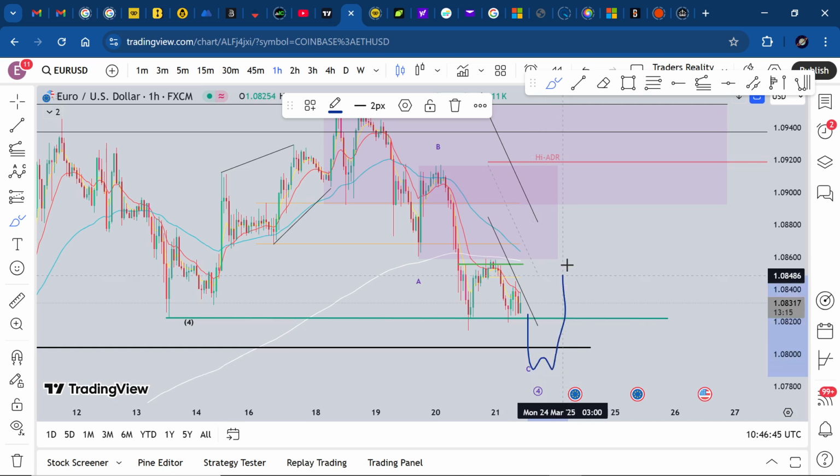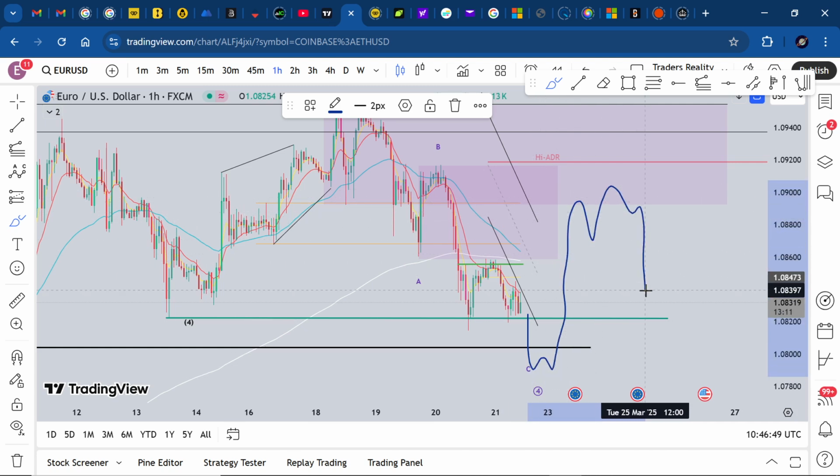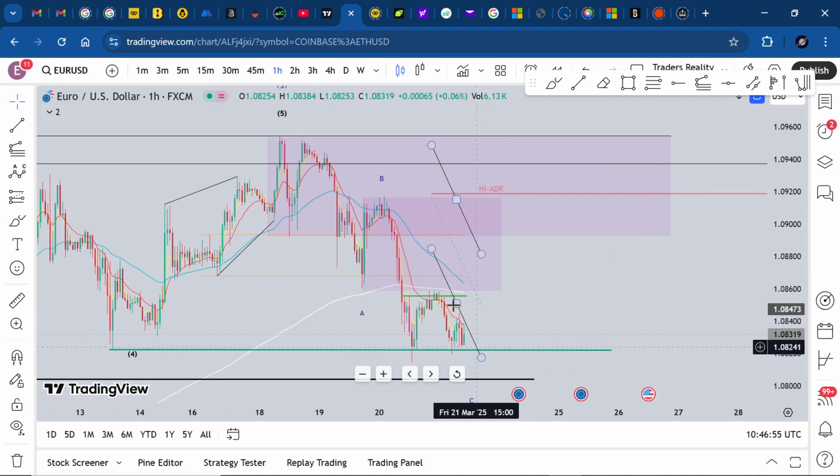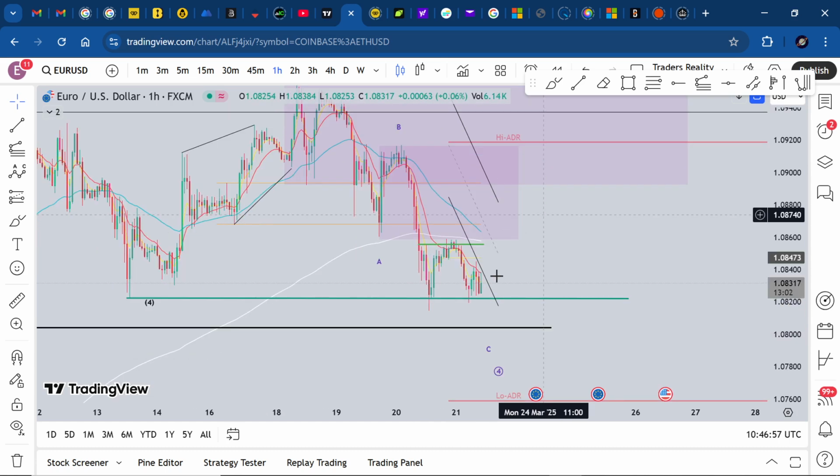But then still, you're looking for it to come up here and do something like this before you sell. Okay, for us to sell, price has to induce sellers. You could say they did it here, but they ain't gone nowhere. So more than likely, they're gonna do that again. Expect price to come lower than this.